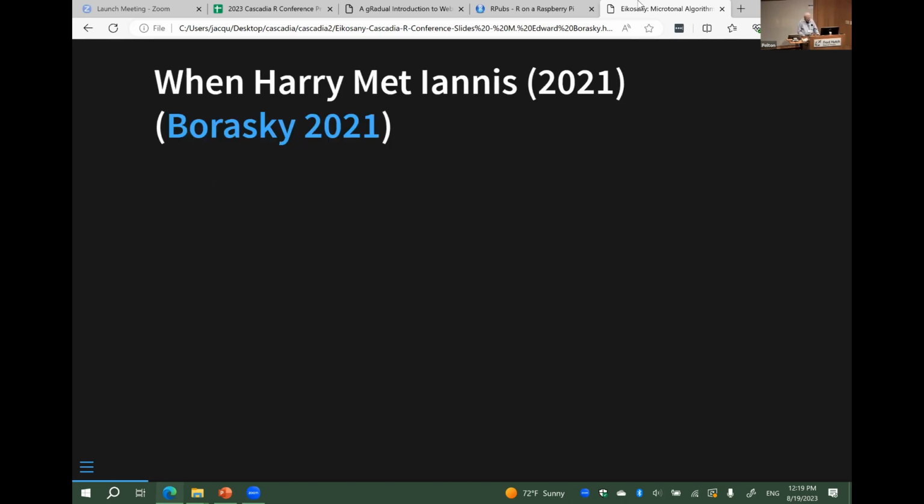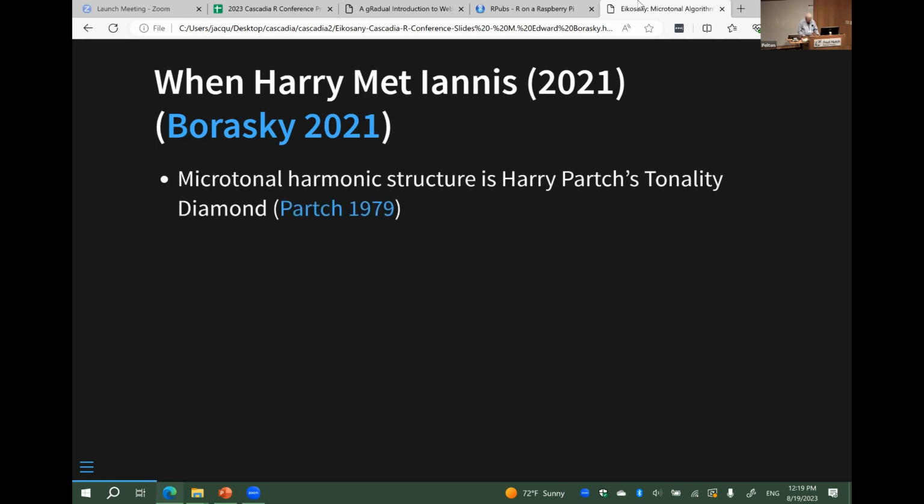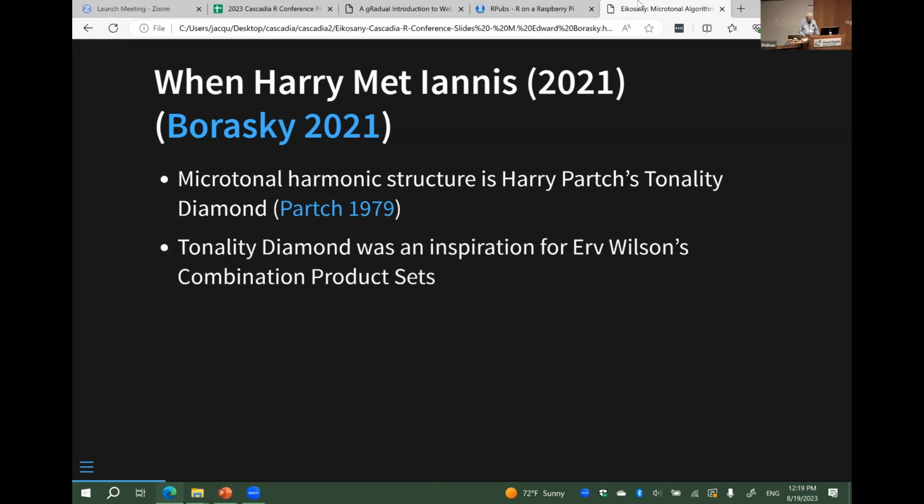My one published piece is up on Bandcamp, and the microtonal harmonic structure is Harry Partch's tonality diamond. The tonality diamond was an inspiration for Erv Wilson's combination product sets, which is what I'm going to talk about later.